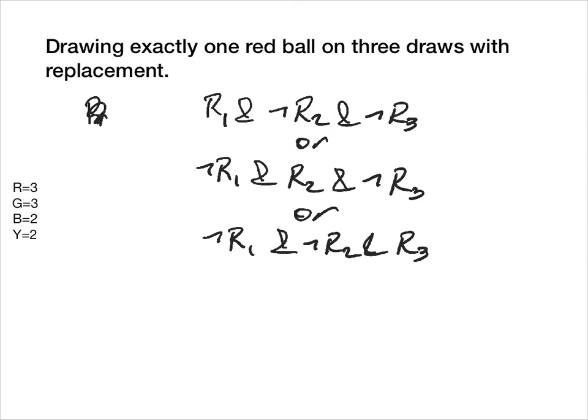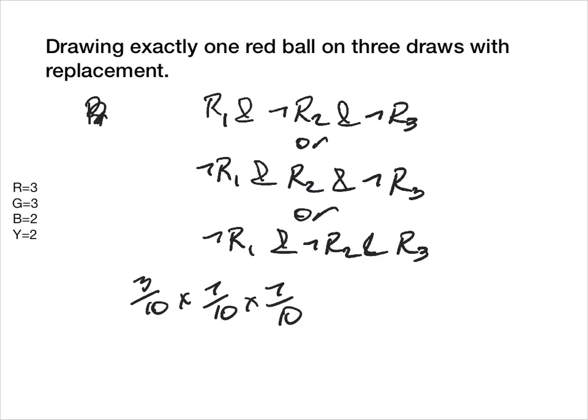So now we have to ask about this. Since it's a conjunction, are they dependent or independent? Well, it's with replacement, so they are independent events. I just need to multiply them. And here's what I'll do. The probability of getting a red ball on the first one is 3 over 10, times 7 over 10, the probability of getting a non-red ball on the second draw, times 7 over 10.